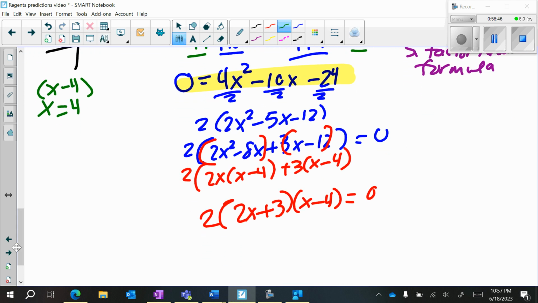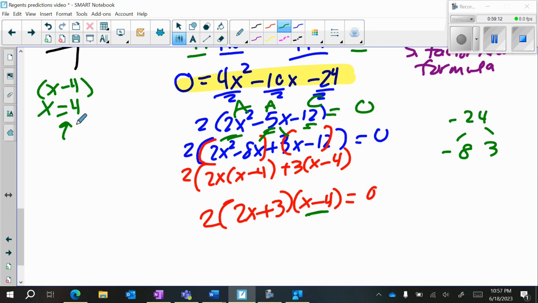So now I did a GCF of 2. I put it on the outside. I didn't drop it yet. Then I did A times C, and I got 2 times -12, which is -24. And I thought about the factors of -24 that multiply to -24 and add up to -5. So I got -8 and 3, broke that down, did grouping. I ended up getting x minus 4 as one of my factors, which is what I was saying to you guys.